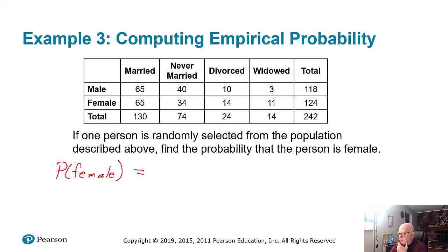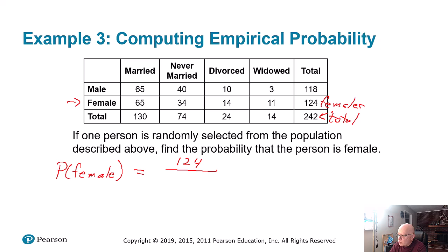Well, look at the list up here. How many females do we have? Well, if you look at the second row, we've got 124 females. And how many do we have total? Well, the total is down here. These are females. And this is the grand total.